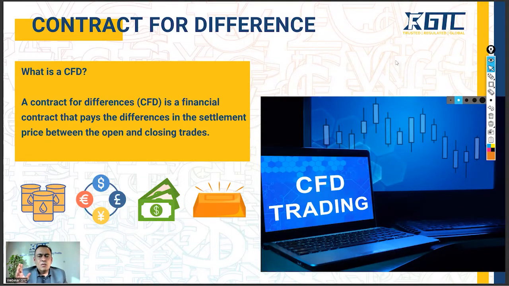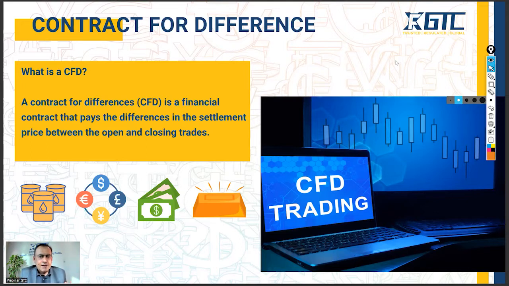So whenever you open a new trade on the Forex trading account, be it currency, be it crypto, be it stocks, be it commodities, anything which is available on the trading platform, which is a CFD trading platform, it means you are entering into a contract for difference with the broker. I'll explain the concept with a simple example.